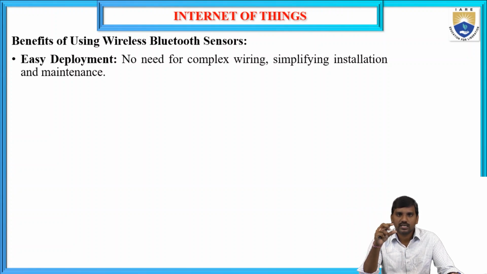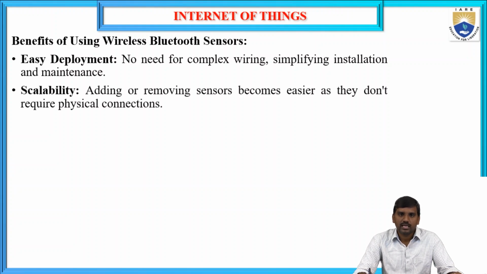To open the door, it will automatically connect to the mobile phone without any installation process or complex wiring. Within a fraction of a second, it automatically connects to the mobile for the headphones. So that is easy deployment.